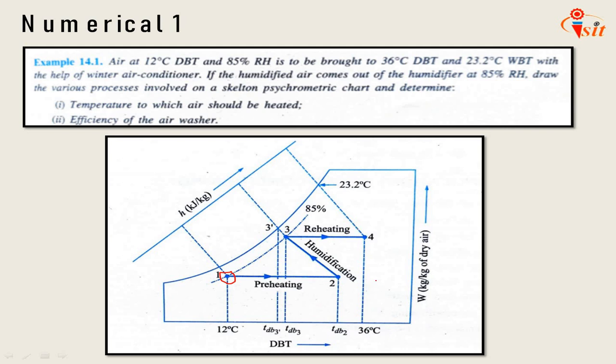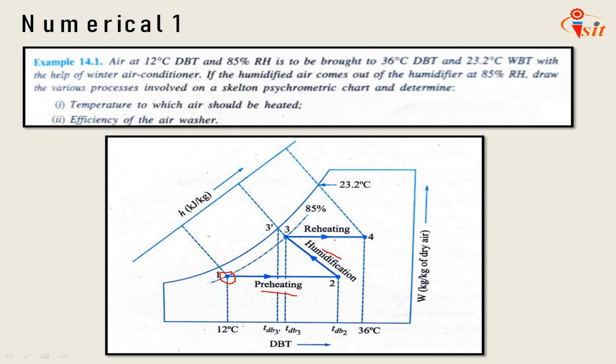Now we need to draw the psychrometric process. We will first locate point 1 at the intersection of 12 degrees Celsius and the 85% RH line, and point 4 at the intersection of the 36 degree line and the 23.2 WBT line, so we get points 1 and 4. Since the final condition of air is obtained with the help of a winter air conditioner, the processes involved are preheating, humidification and reheating.